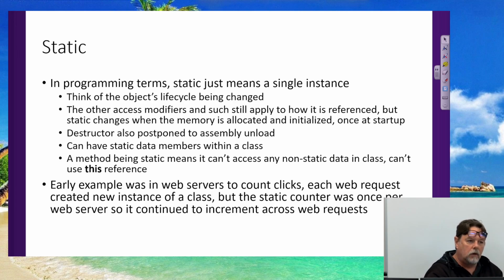But a static method can't actually access the information in this instance. You can't access the variables. Remember when I was talking about the static variables and the non-static variables? You can't access the non-static variables because it's a static method. It's not available to you.